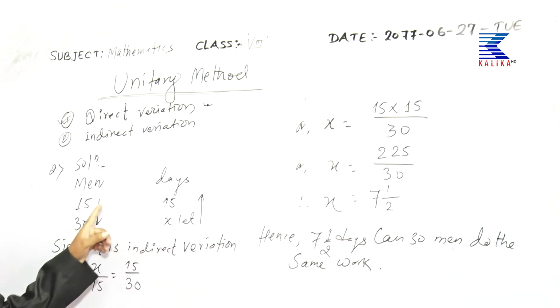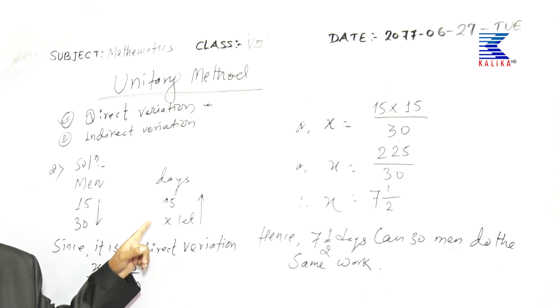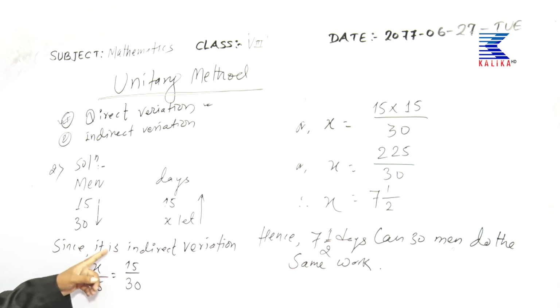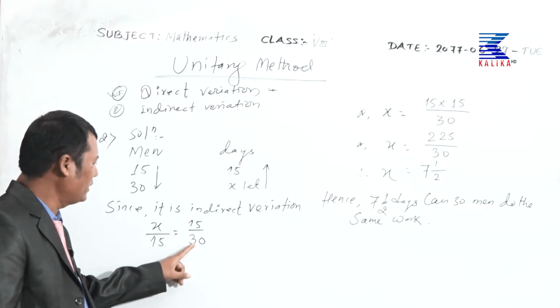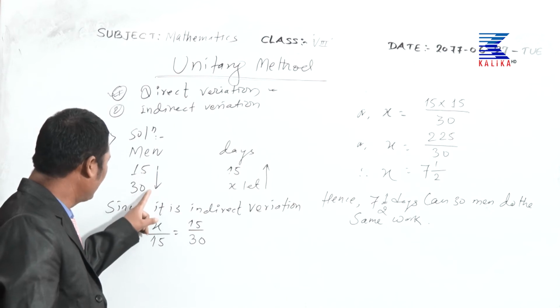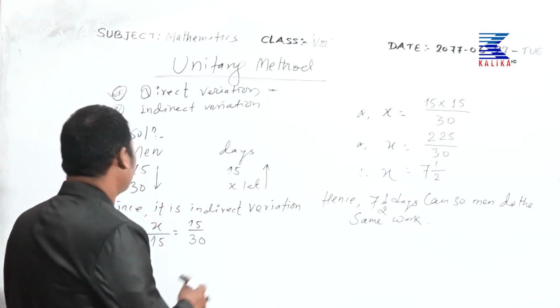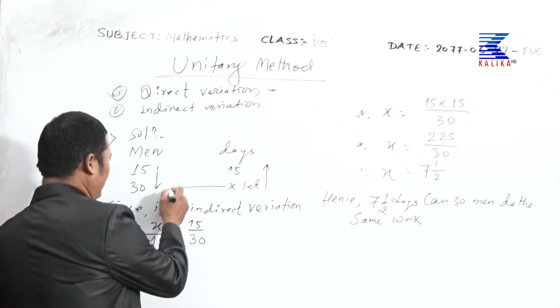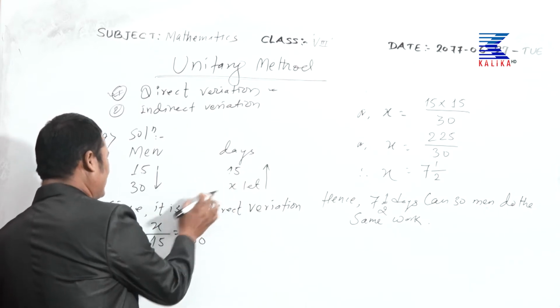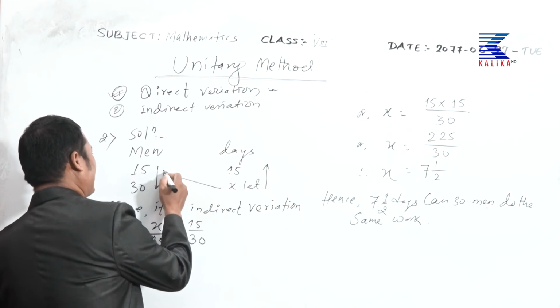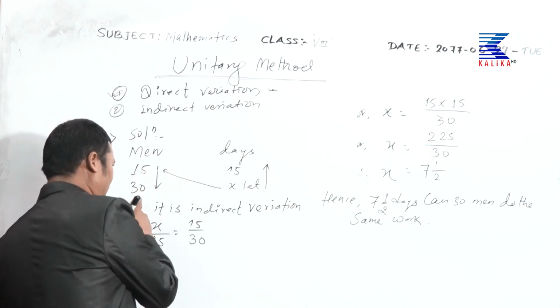15 days and 30 men, how many days? Since it is indirect variation, x upon 15 is equal to 15 upon 30, because if it were direct variation it would be straight, but in indirect variation it is inverted.